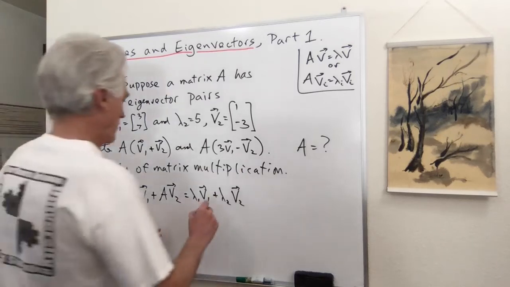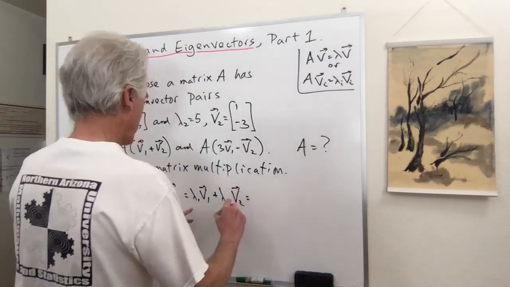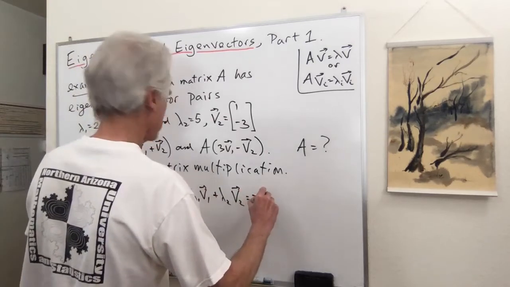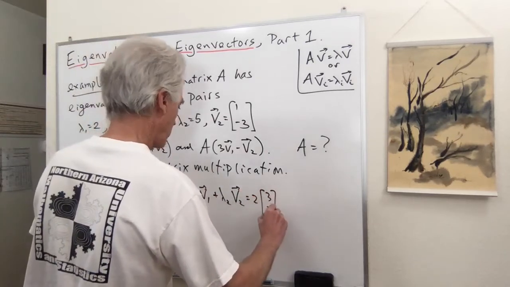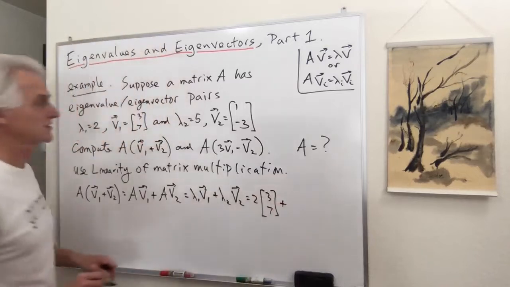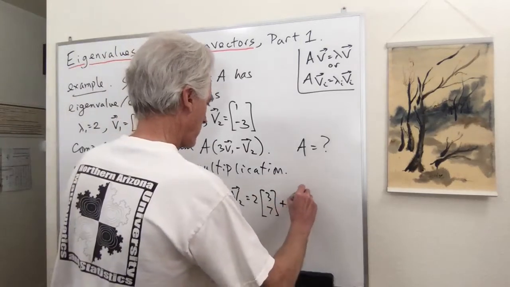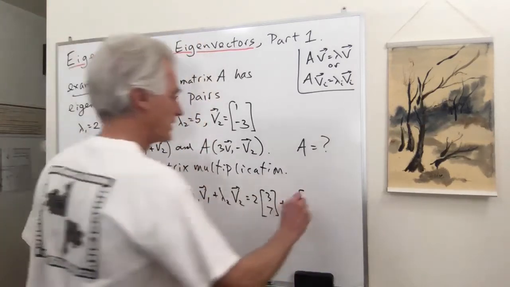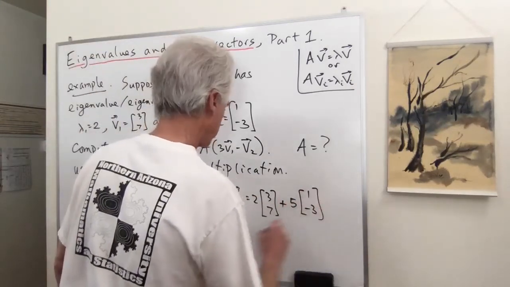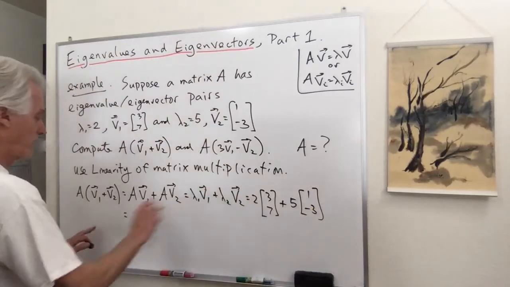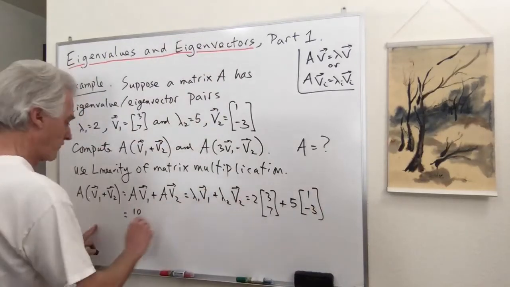So that means that this is 2 times (3, 7), plus 5 times (1, -3). So this thing here is (10, 14).